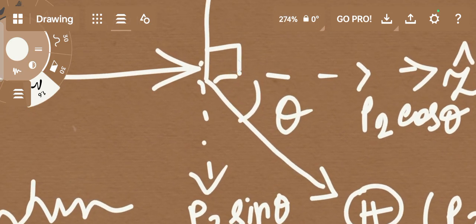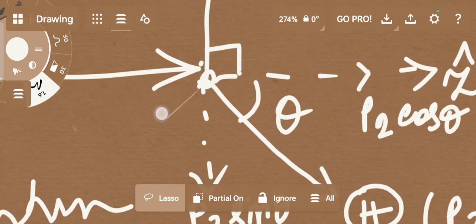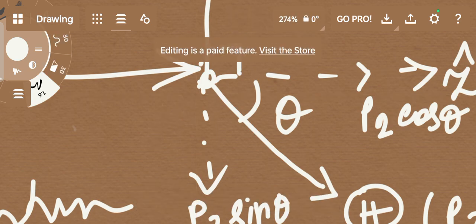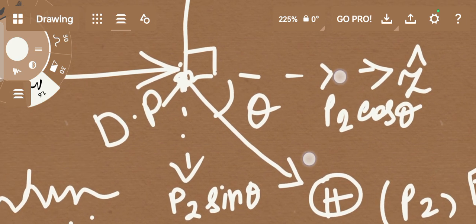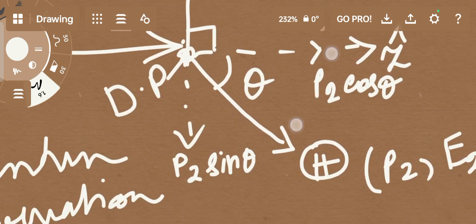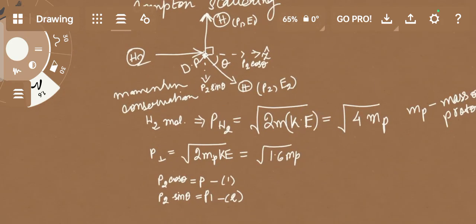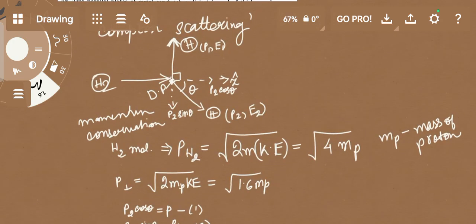So this point is our dissociation point, say dp. You can also take it as an origin. In this dissociation point, the conservation of momentum and energy has to be applied.